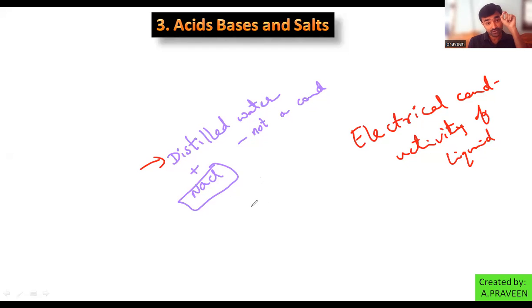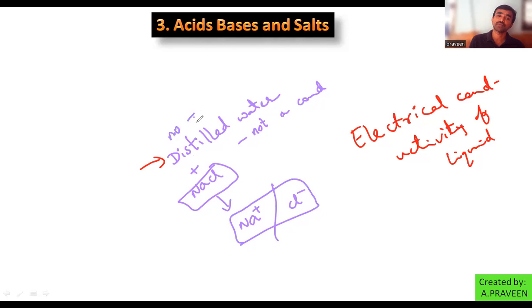So here electricity passes through that NaCl solution, but not distilled water, right? Because NaCl produces ions in the water, namely Na plus and Cl minus. There are no ions in distilled water. So that is the reason. So without ions, no conduction of electricity.